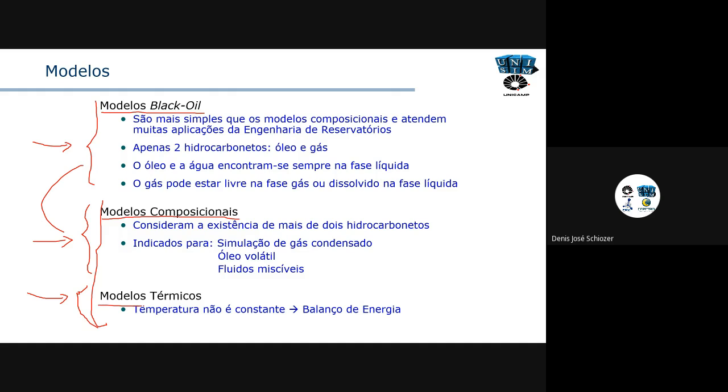And in the thermal model, we have to include the temperature change and the consequence it has on the phase behavior. Okay, so if you need to use one of these two models in your future work, you have to study a little bit more than we have seen, but the equations are basically the same, including the time dynamics of the phase behavior to model how the fluid will behave in the process.